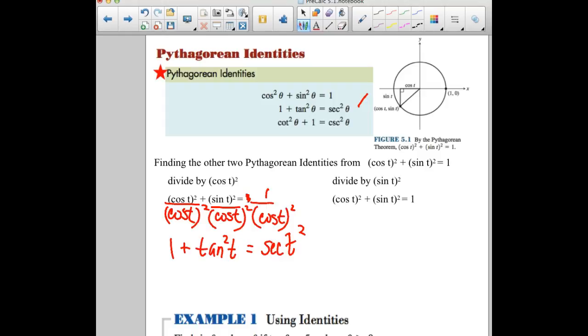If we divided by the sine squared instead, we have cosine of t squared divided by sine of t squared, that is cotangent squared.